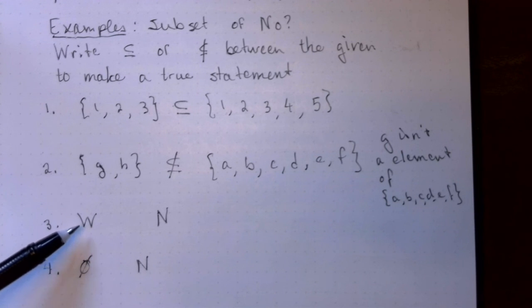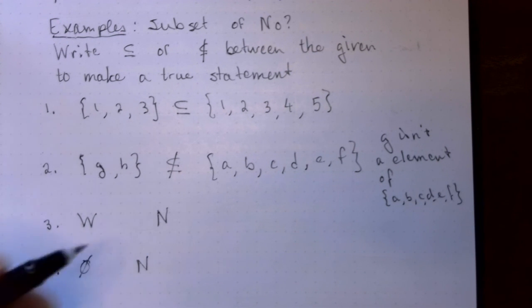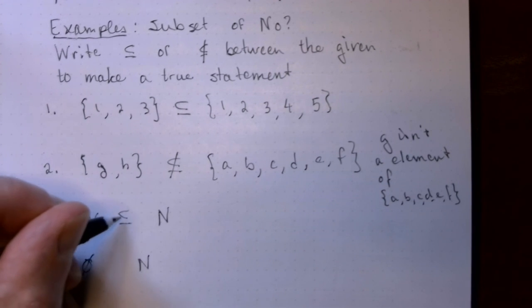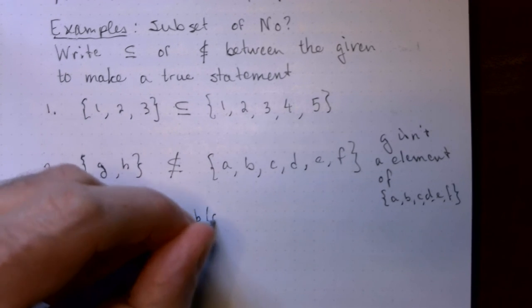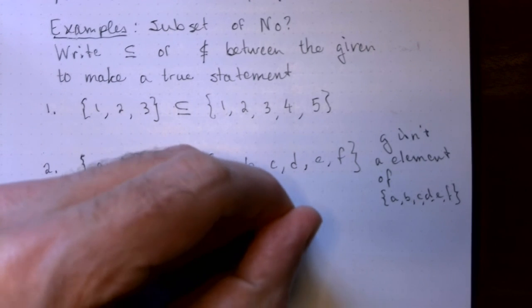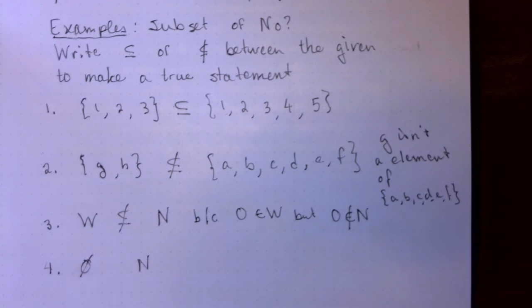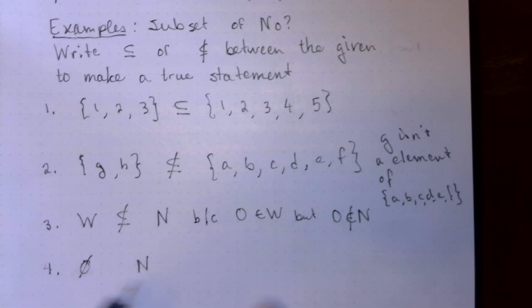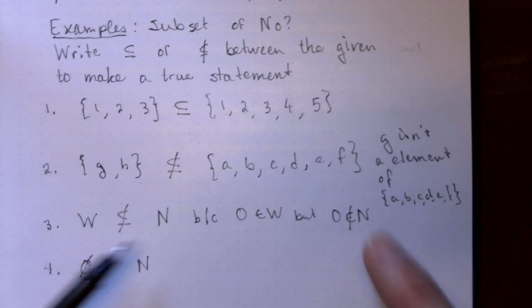W, you'll remember from our earlier videos, stands for the set of whole numbers, and N stands for the set of natural numbers. And my claim here is that W is not a subset of N. And that's because 0 is an element of W, but 0 is not an element of the natural numbers. So we have an element over here that does not belong over here, so not a subset.